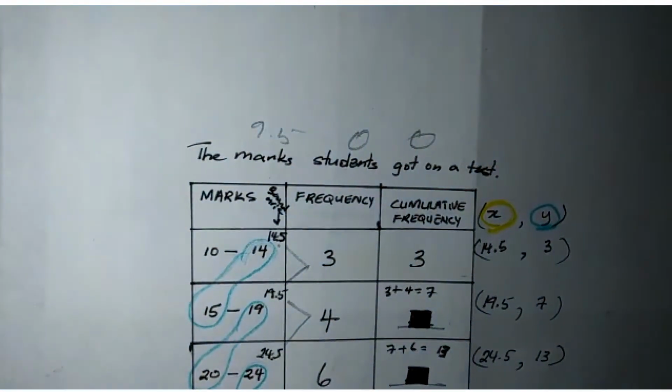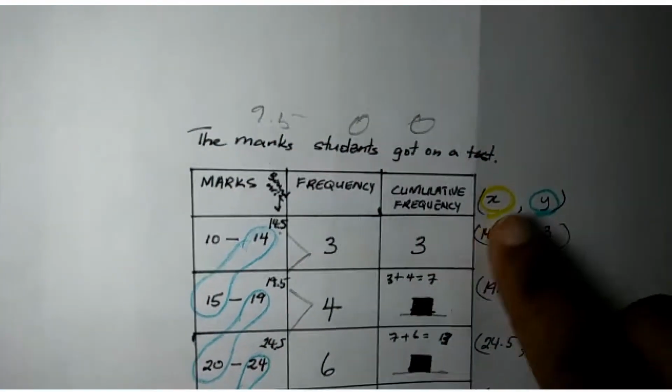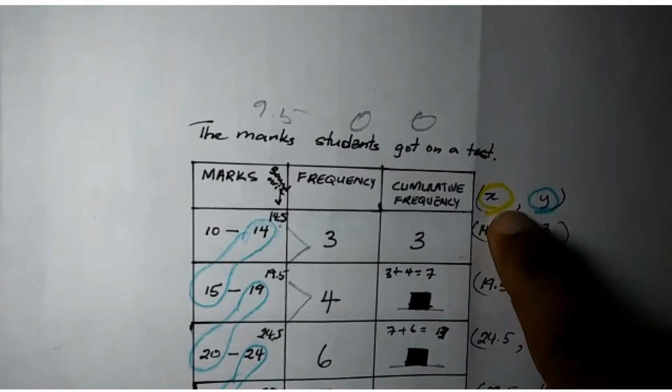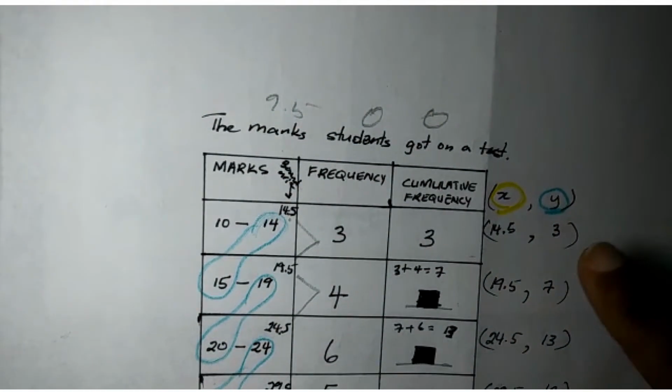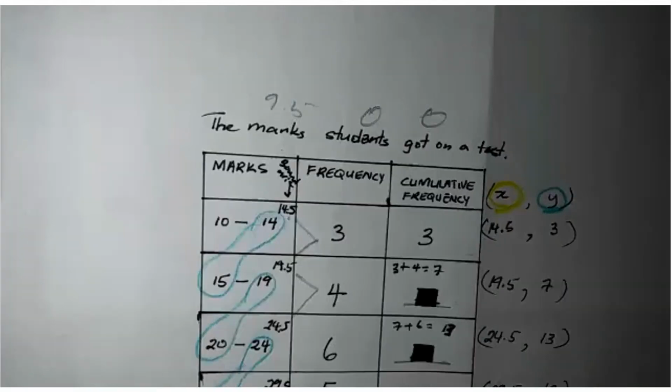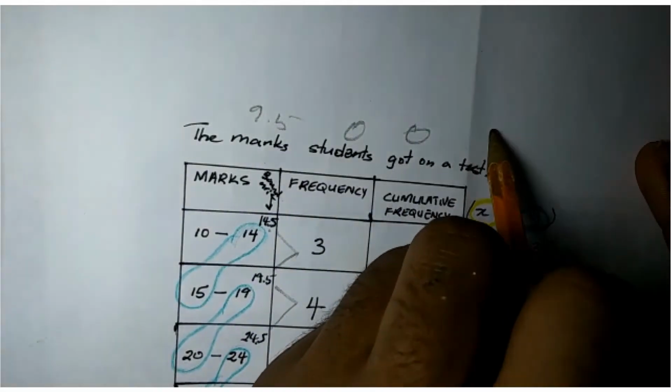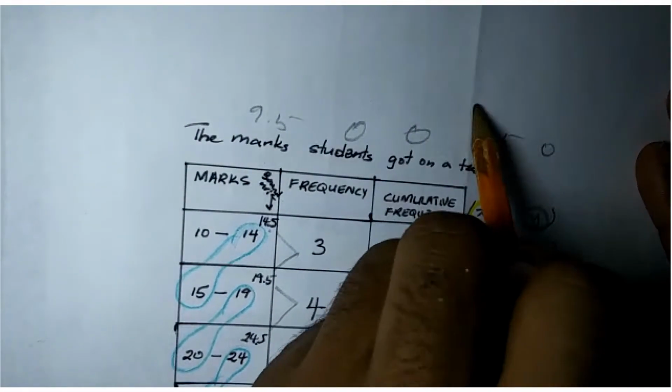Alright, great. So our frequency is going to be 0 and our cumulative frequency is going to be 0. So if I was supposed to plot another point with x and y, remember my x-axis is my boundary and my y-axis is my cumulative frequency. So it would have been 9.5 and 0.